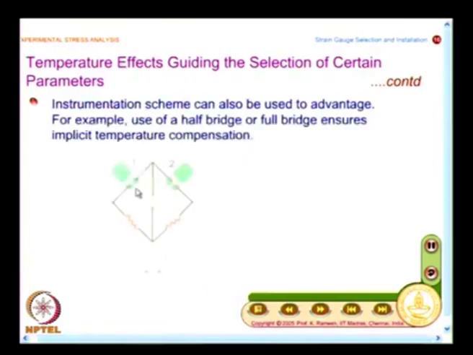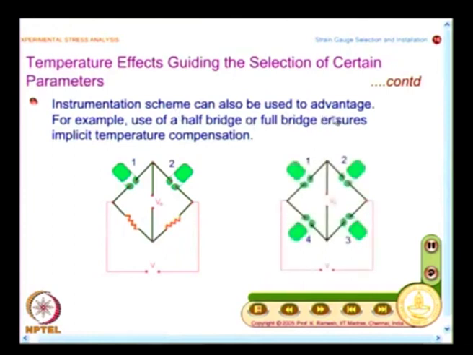We have also seen that the instrumentation scheme can be used to advantage in handling temperature effects. If you use a half bridge, whatever temperature changes happen in arm 1 will be cancelled by temperature changes in arm 2, if both strain gauges are exposed to similar temperature levels.